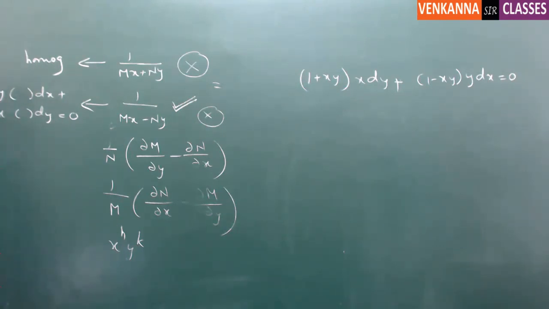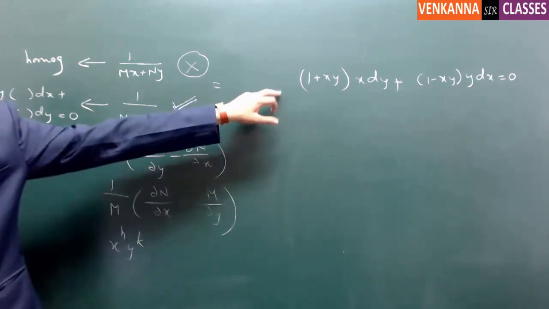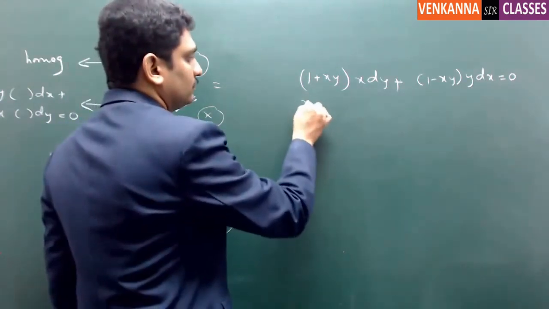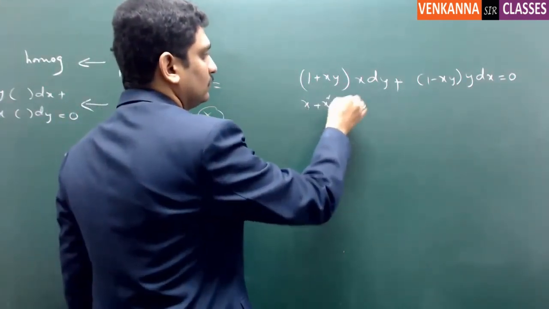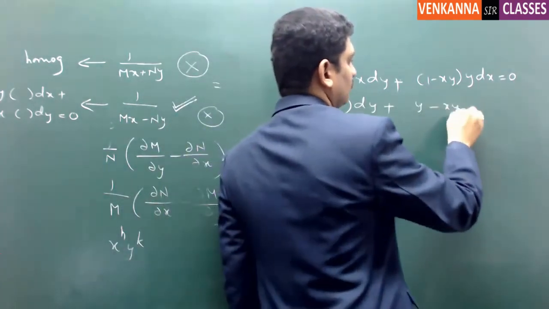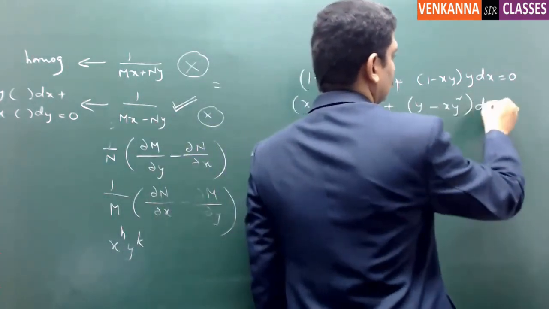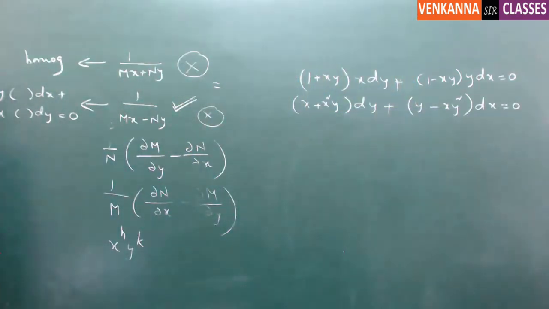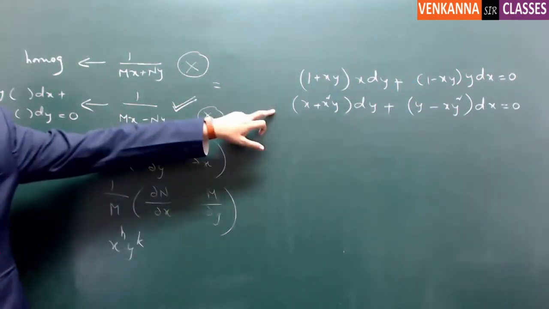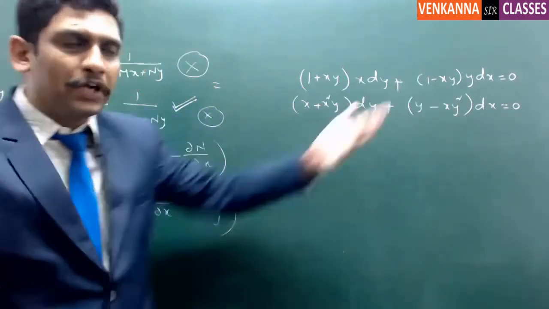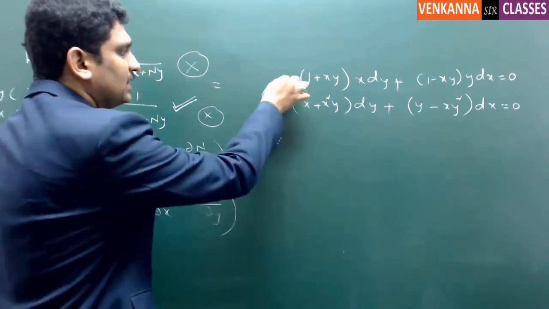Even though the given problem is not written like this, by taking the common values out like this, we are going to rewrite it in this way.